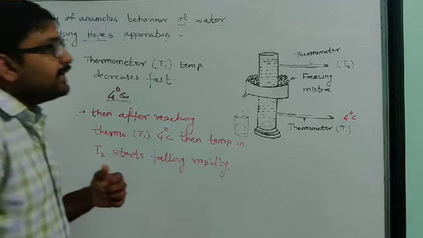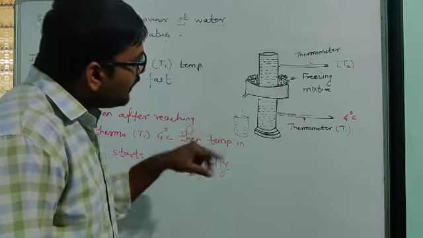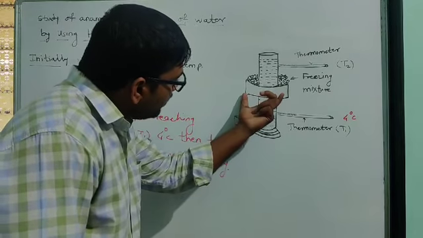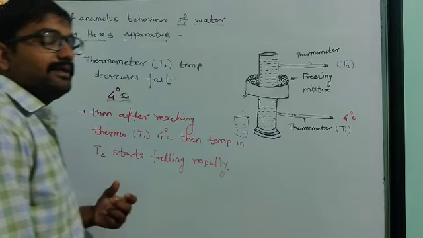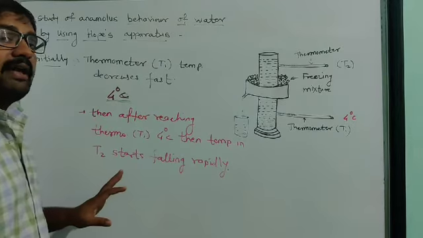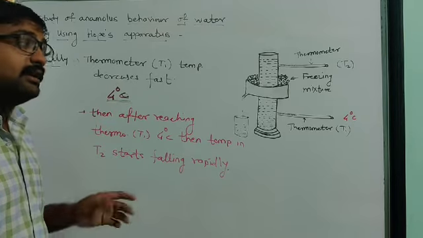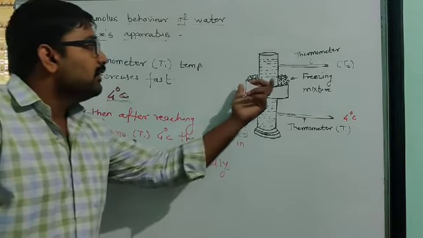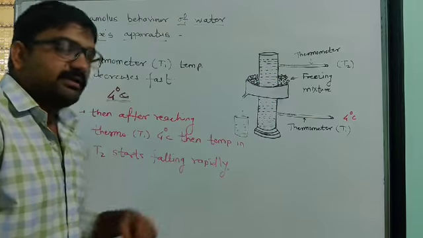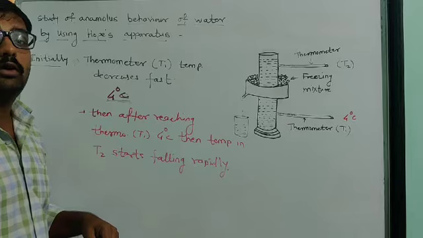Now when they both show the same temperature, the water is again in contact with the freezing mixture, which has a temperature less than 0 degrees Celsius. Again, the temperature of the water present here starts to fall.